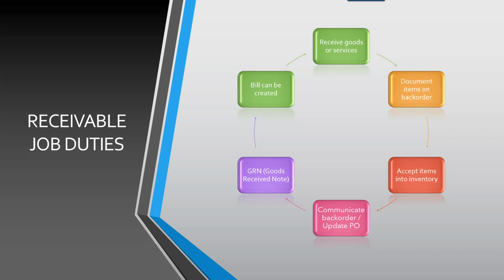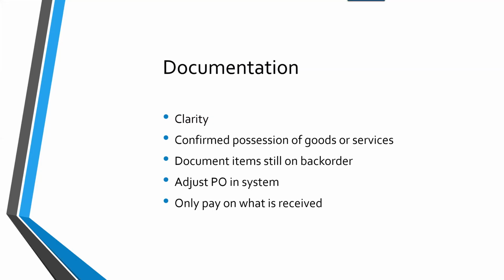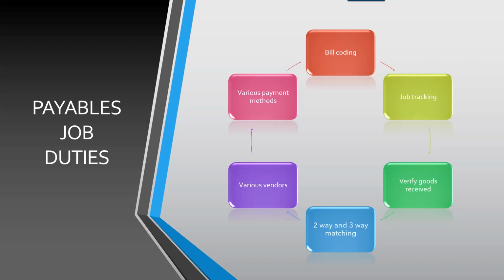So there's lots of different components whenever we're thinking about the receivables, because the last step is making that bill. If we've got really good documentation, if we're really clear about the processes and making sure that we've got the goods or services received and documented these back orders, then we're going to be able to create a bill and know what items should be paid for.